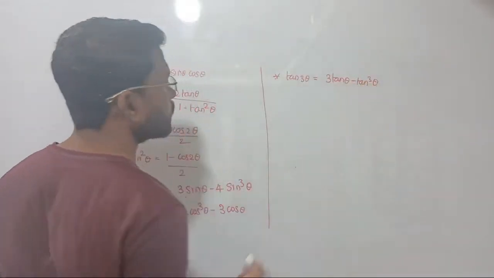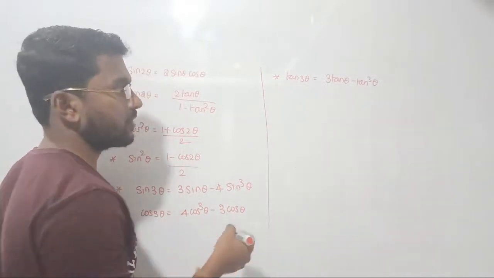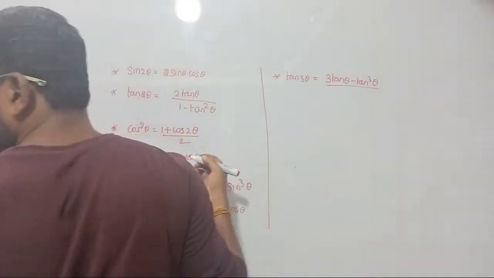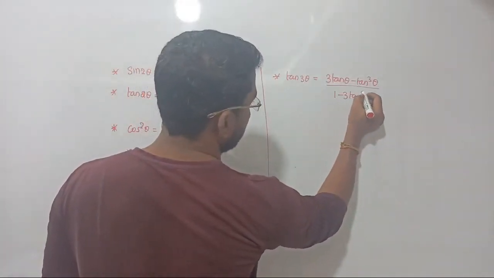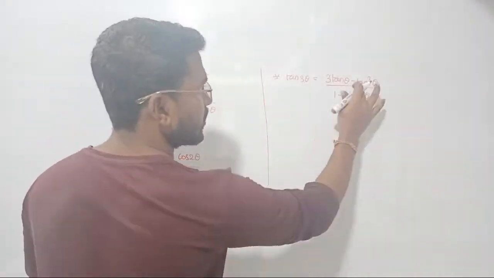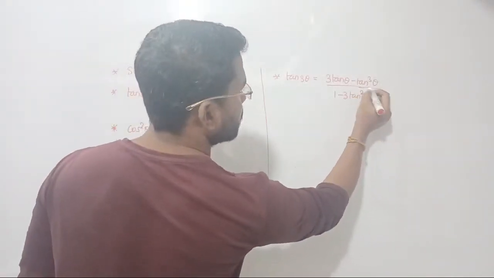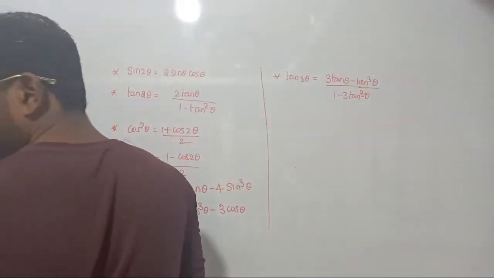Guys, if you want to know these formulas, please refer to CBSE 10th and 9th standard mathematics, not our state board, because there you can find very good notes for mathematics. I made a mistake there; it is tan square only.